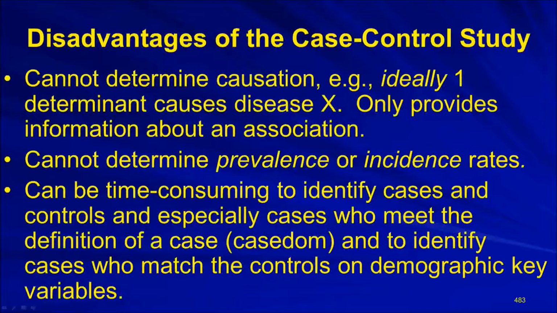Now, that's a matched case control study, and I'll cover that in a minute, and that's a little different than what I'm explaining to you here, but they are time consuming, and you have to be real clear about your definition of a case, or what we call casedom, and to identify cases who match the controls on demographic or key variables so that you don't run into an error or a bias or a confounding variable that means that your results are untrustworthy.